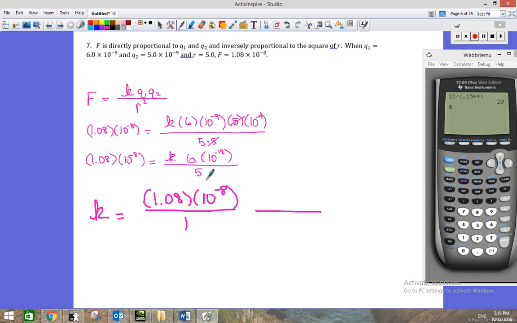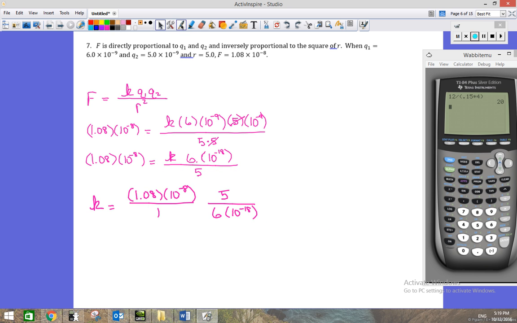So the 5 goes here, because if I multiply both sides by 5, the 5's will cancel, and the numerator is times 10 to the negative 18th. Alright. So in the numerator, I have 1.08 times 5.